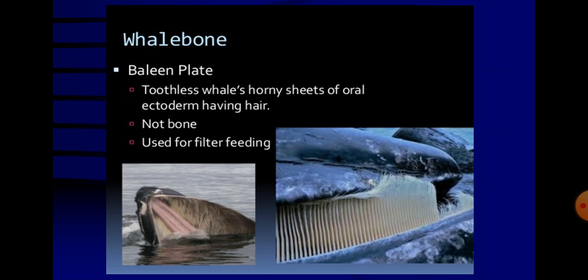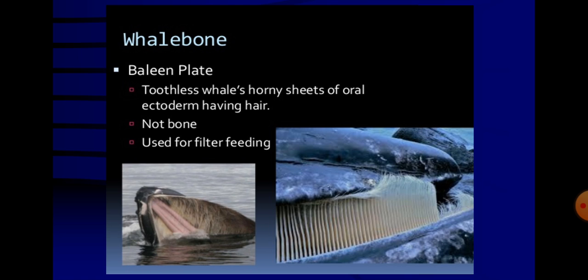Whalebone, baleen plate. This baleen plate is present in whales, toothless whales, horny sheets of oral ectoderm having hair. Whales do not have teeth, they are toothless, and they are filter feeders.